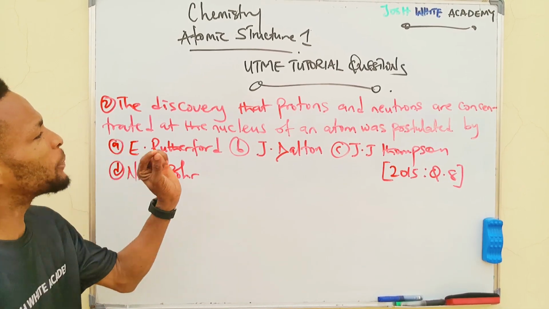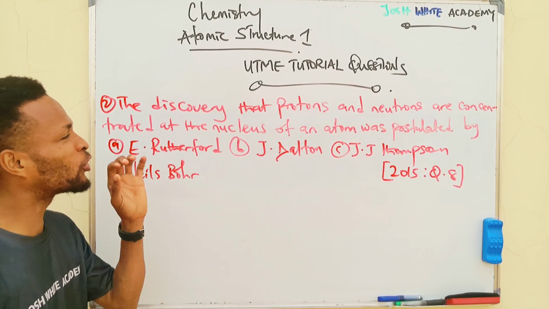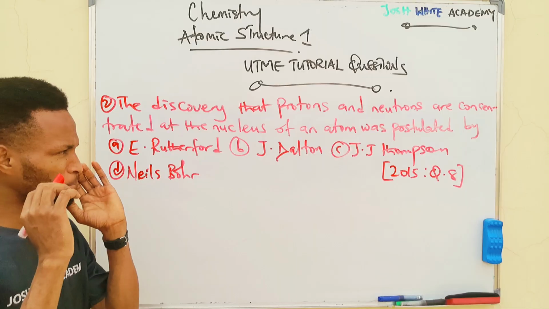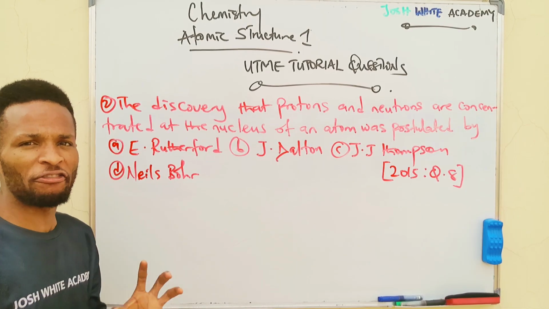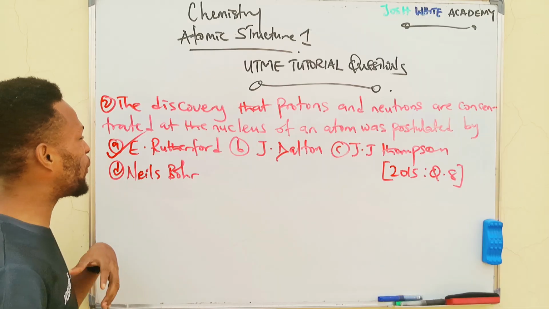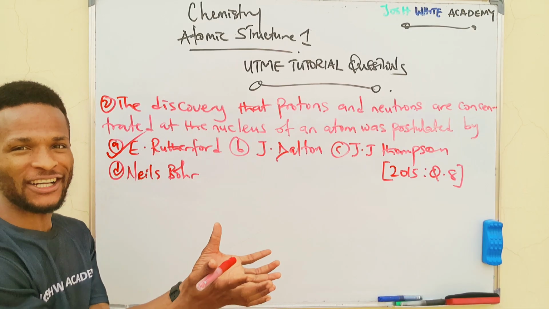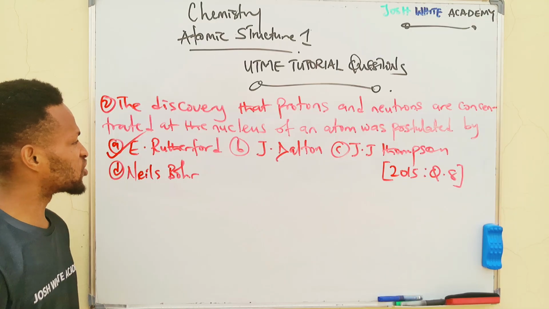So the discovery that proton and neutron are concentrated at the nucleus of an atom was postulated by E. Rutherford. That's Ernest Rutherford. And he also went further to postulate the planetary model of an atom. The answer is Ernest Rutherford.